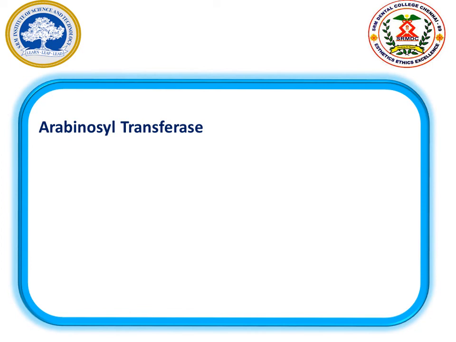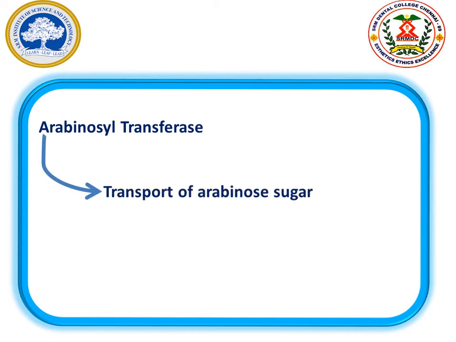One of the ways by which the cell wall is synthesized is by the arabinosyl transferase enzyme. This arabinosyl transferase enzyme, which is present inside the mycobacteria, helps in the transport of arabinose sugar.